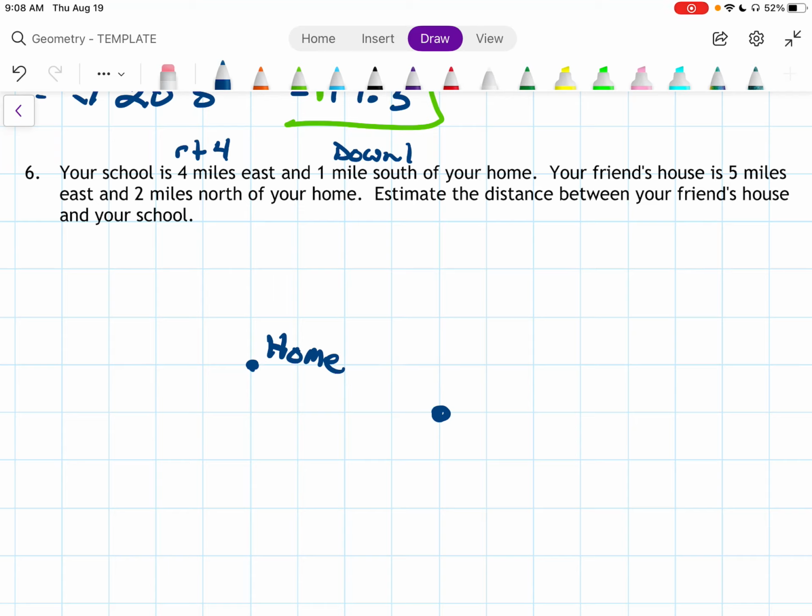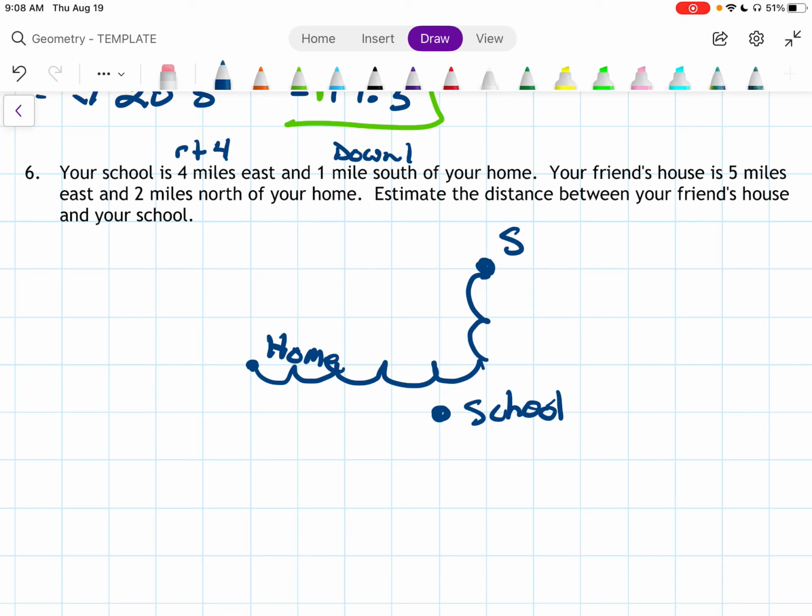And that is the school. Your friend's house is 5 miles east, right? East is still to the right. So 5 right and 2 up. 1, 2, 3, 4, 5 right and 2 up.